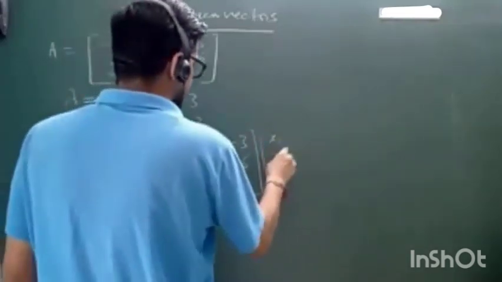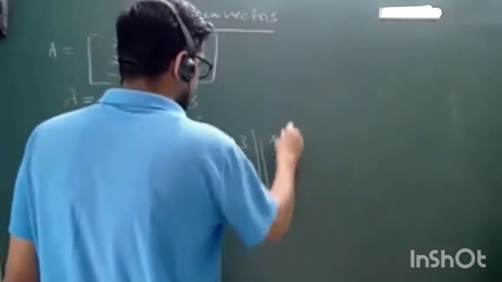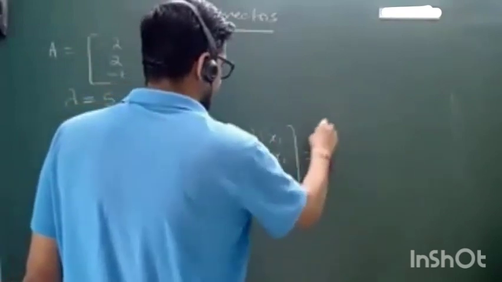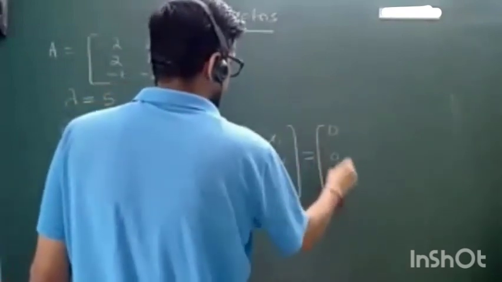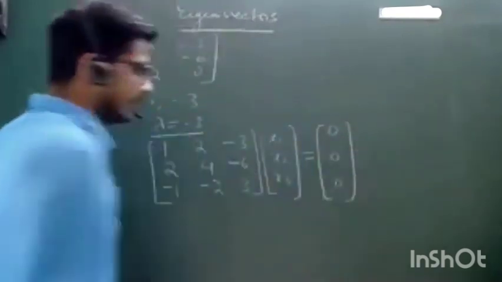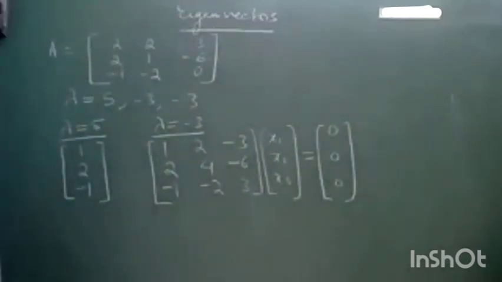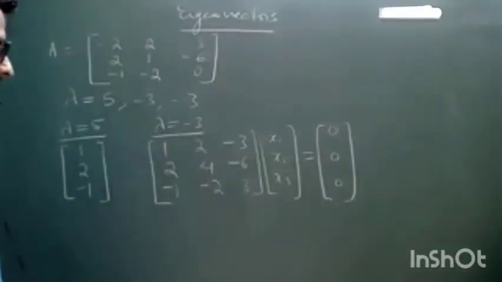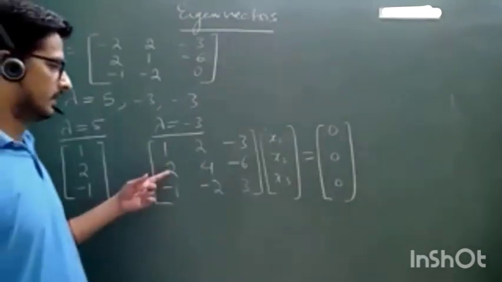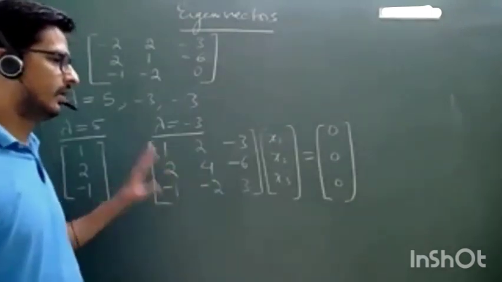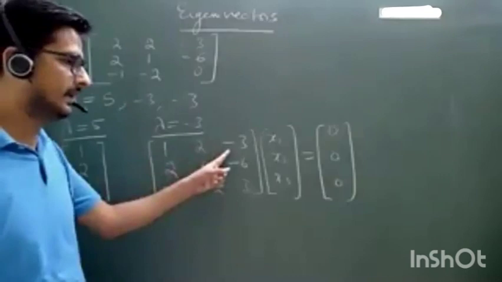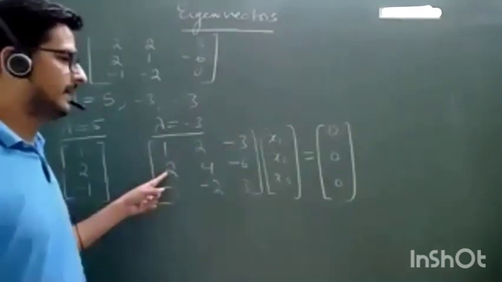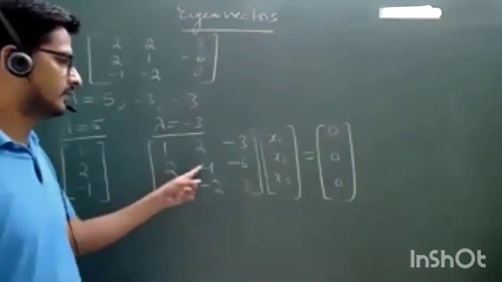Let the eigenvector be x1, x2, x3, equal to 0, 0, 0. Now you can see the pattern: all three rows are the same. This row, this row, this row are all the same, each a multiple of 1, 2, -3.